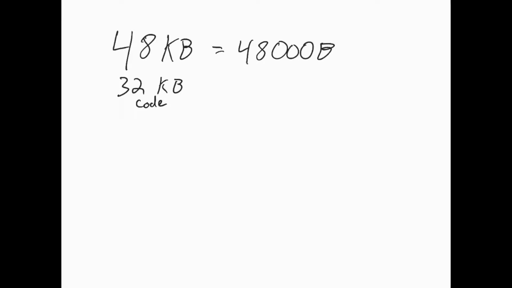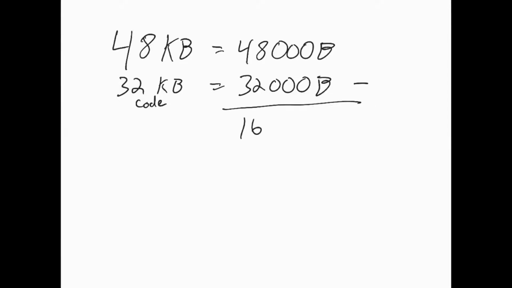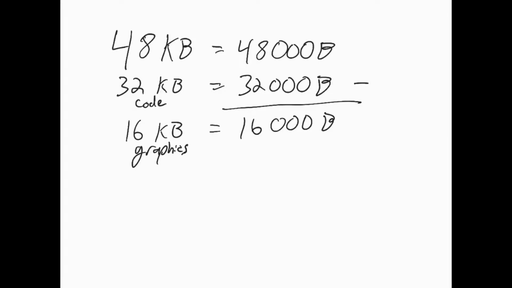Now that may seem like a lot, and it is, because that's about 32,000 bytes, leaving me with, by simple subtraction, only 16,000 bytes or 16 kilobytes remaining for graphics. And that isn't very much. But I actually think that's a good estimation of about how much I'm going to need.